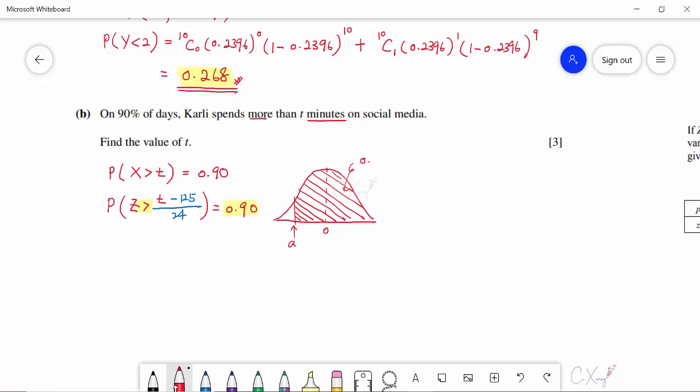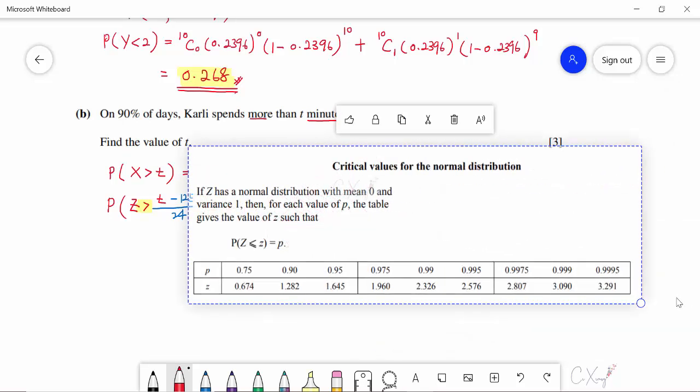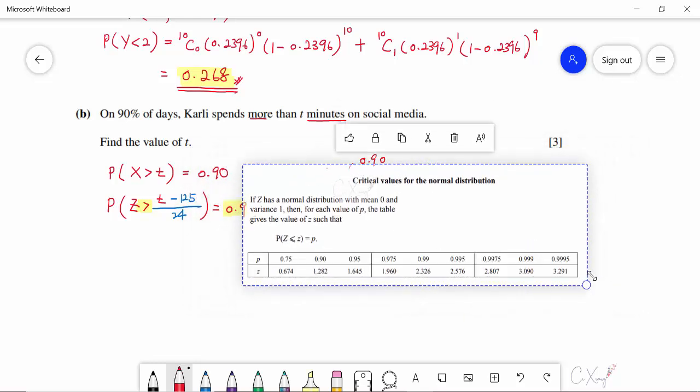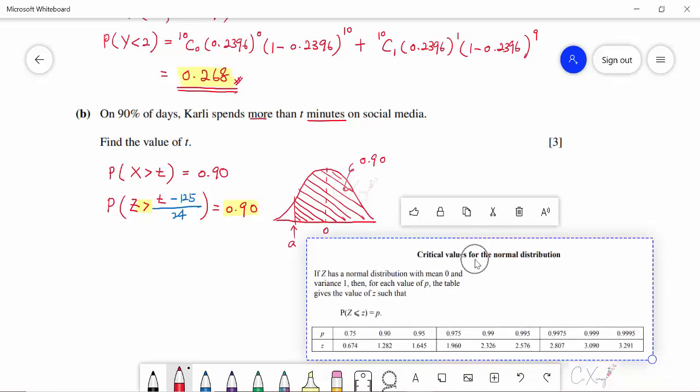So I try to visualize the symbol by using the graph. Now we want to get this value of a so that I can equate it with what we have in the t here. How can I find the value of a? You can use the normal distribution table again. I take out the bottom part of the table, where they list out the critical values for the normal distribution.